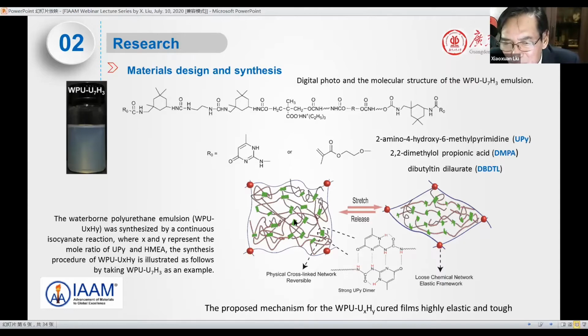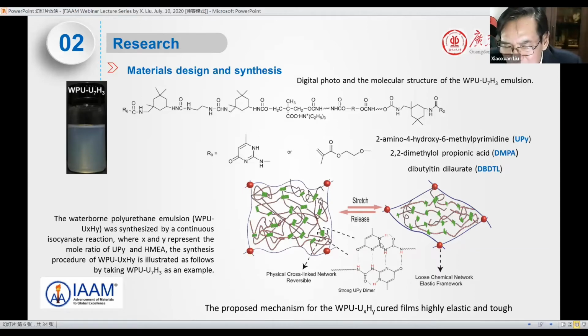So it's the cross-linking, the cross-linking networks together, whereas under stress, it deforms, and on release of the stress it goes back to the ground state. So it has good elastomer toughness.